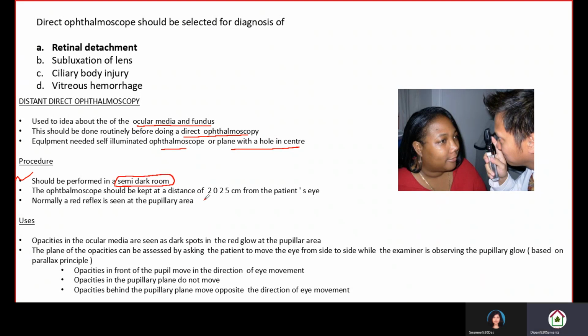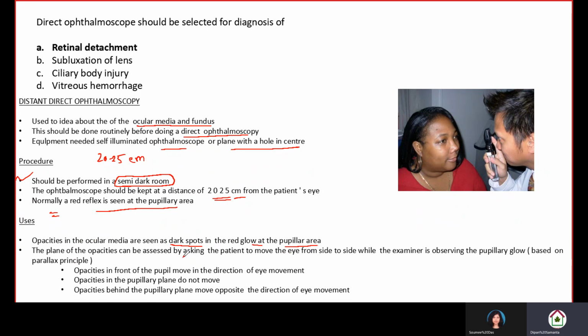The ophthalmoscope should be kept at a distance of 20 to 25 centimeters from the patient's eye, and normally a red reflex is seen at the pupillary area. Opacities in the ocular media are seen as a dark spot in the red glow at the pupillary area.